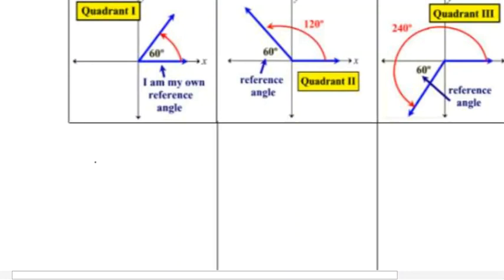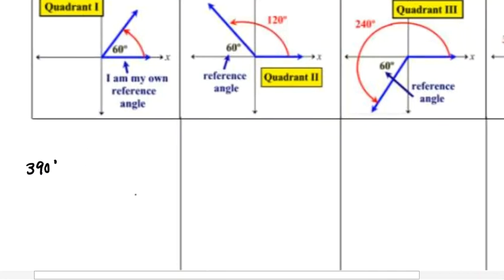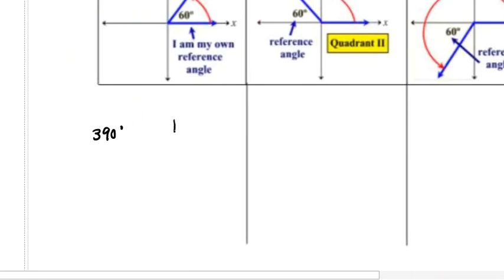If you have something larger than that, if you have something larger than 360, like if you had, I don't know, 390, and we wanted its reference angle, I'm going to show you how I would do that. I would draw my picture. So 390 goes all the way around for 360 and then a little bit more. Okay, so I draw my picture.